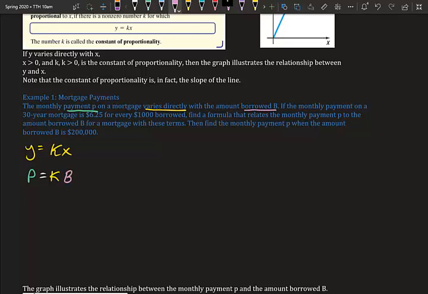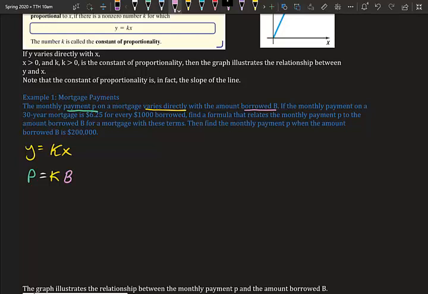So you see how the varies directly tells us what formula to use, and then the left side of the varies directly is the y. The right side of the varies directly is going to be your x. Sometimes you're given a constant, but most of the time we're not.